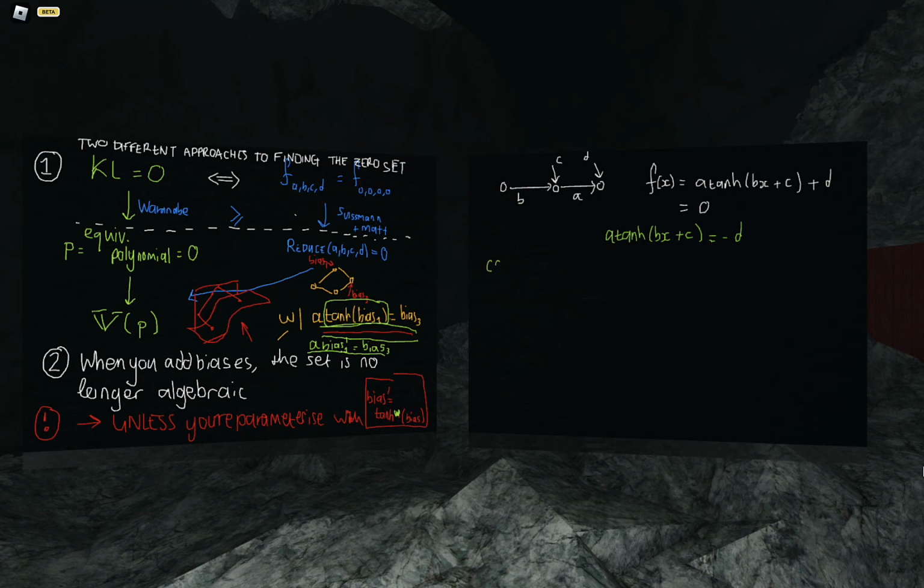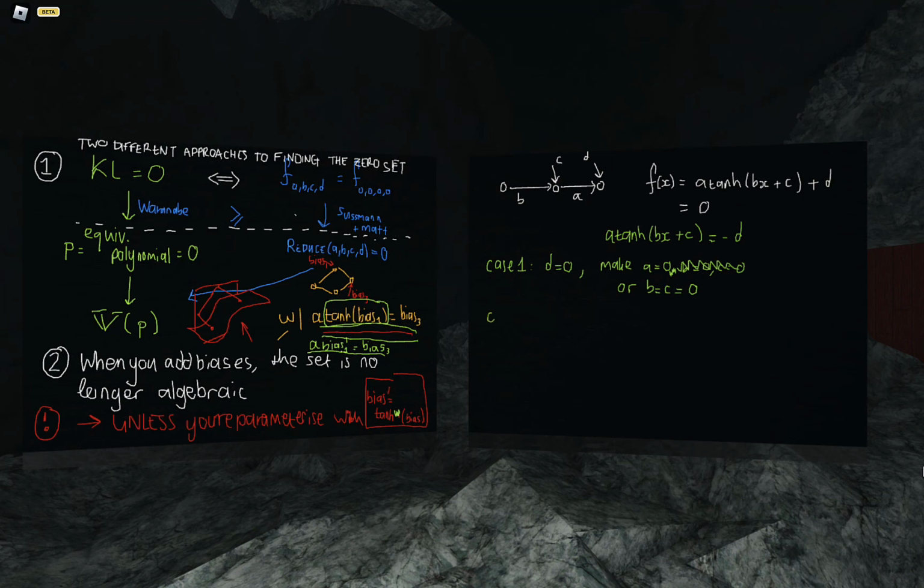It's simple if d is equal to 0: you could just make a equals 0, b equals 0, and c equals 0, and that would be fine. Let me say that again, actually. You make a equals 0, or make b equals c equals 0. In either of these cases, a tanh(bx plus c) is going to be 0.